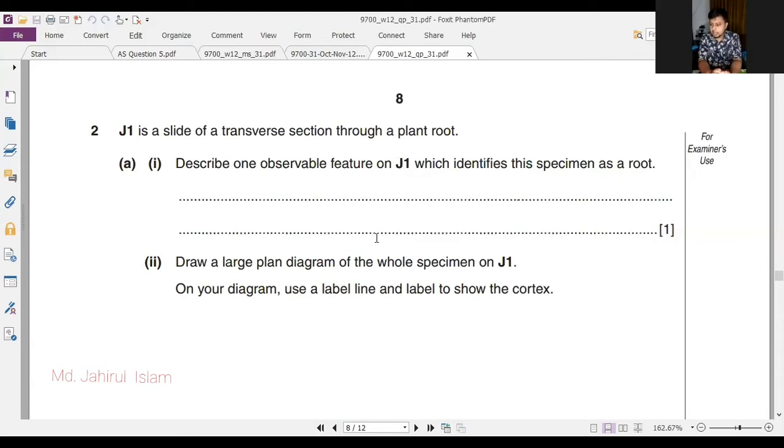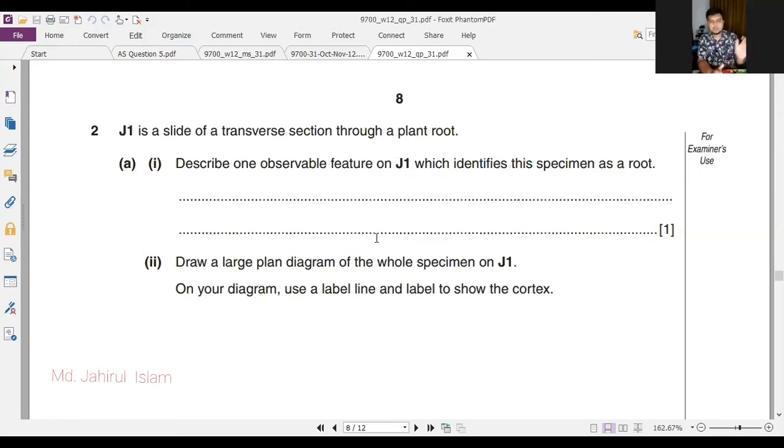And I am saying some common features of drawing: you will use 80% of the given space, you will use a sharp pencil, you will not use any feathery line, any cutting line, any overlapping line. Your diagram should be proportional.